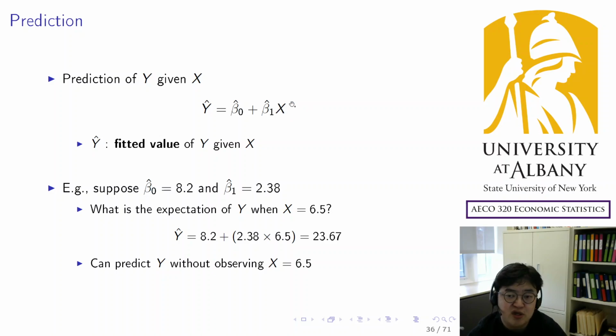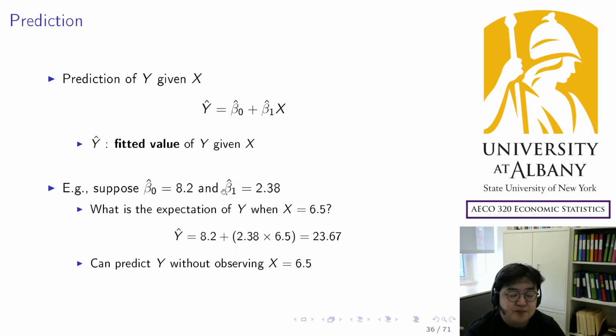By the way, in doing that, we assume the error term does not exist, because error is error, right? We cannot predict that, and we assume error is on average 0. So we are going to ignore the error in prediction, right? So this is pretty straightforward.